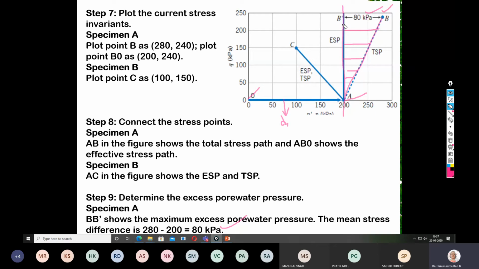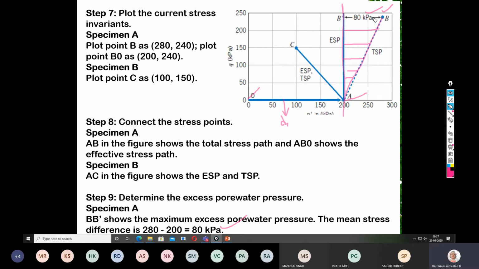Until 200 kilopascals there was nothing, but from 200 onward there was a development of the pore water pressure. That can be determined by the maximum stress at this point minus the point until which there was no development of the pore water pressure.